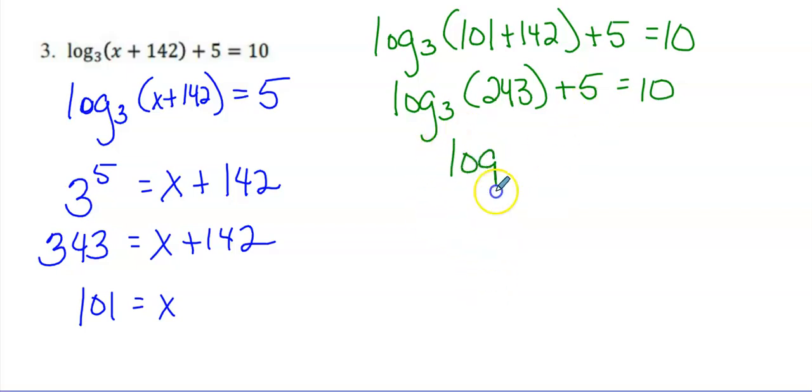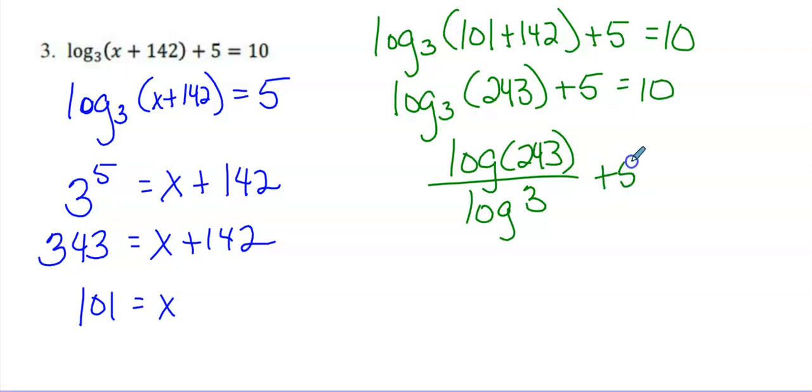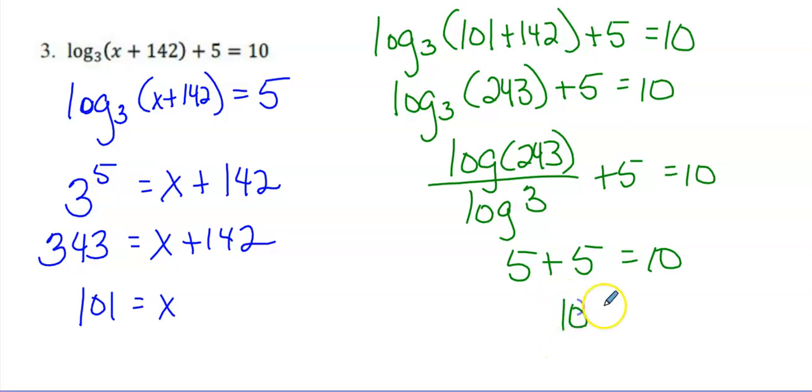So let's see, log 243 over log 3 plus 5 should equal 10. Log 243 divided by log 3 is 5. I'm not gonna bore y'all with going over to the calculator every time. I'll just tell you. So that checks out, so my answer is 101.